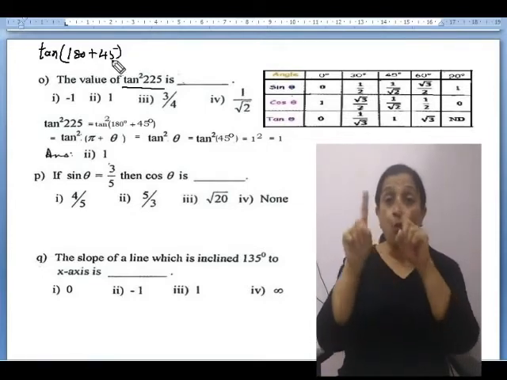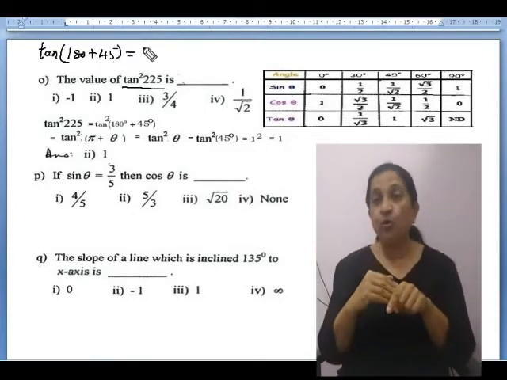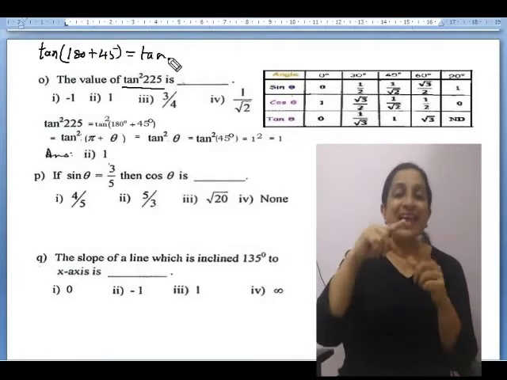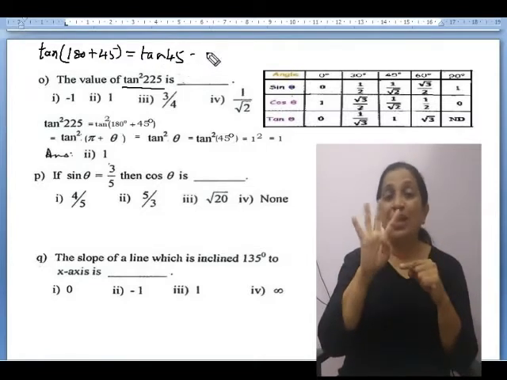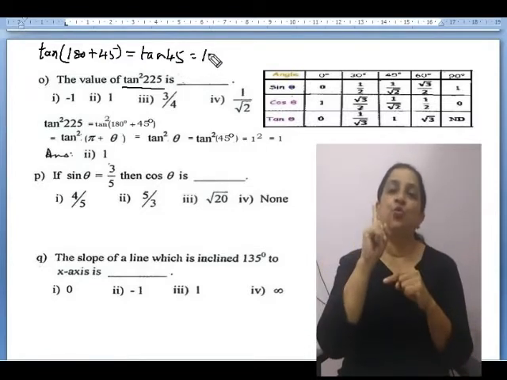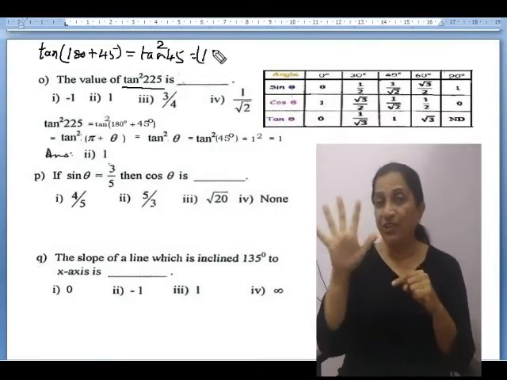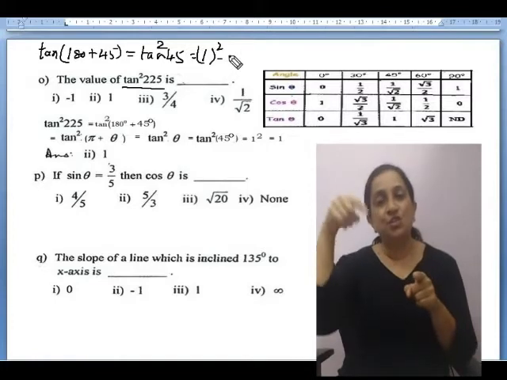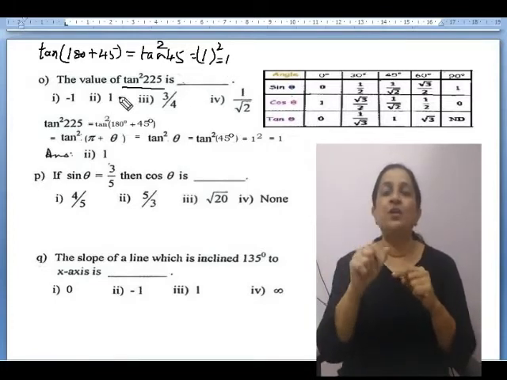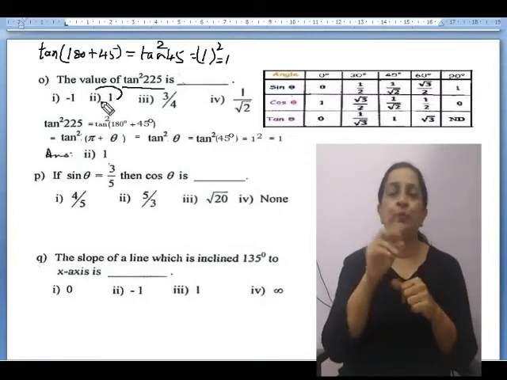So tan is positive, as we have just seen, so it is equal to tan 45, which is equal to 1. So tan squared 45 will become 1 squared, which is nothing but 1. So this is the answer.